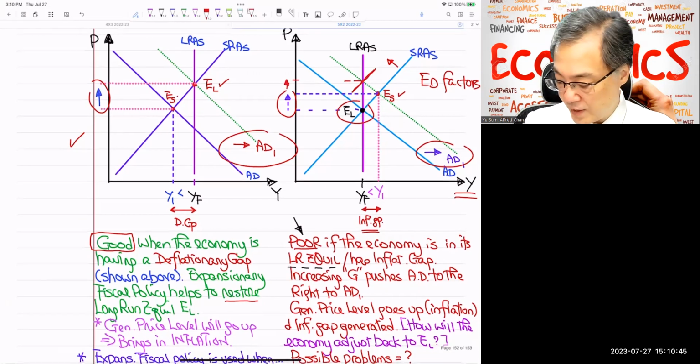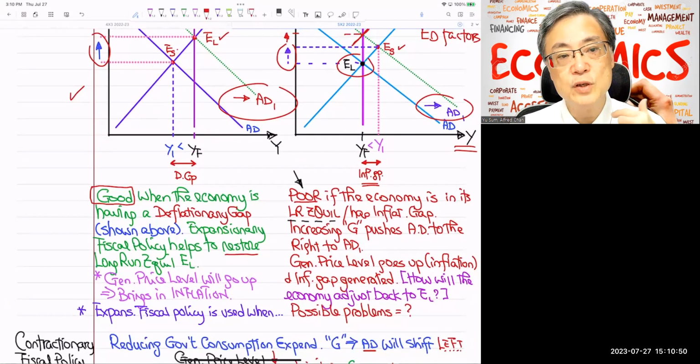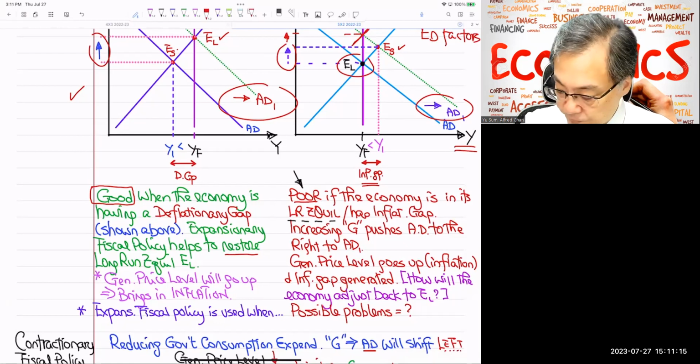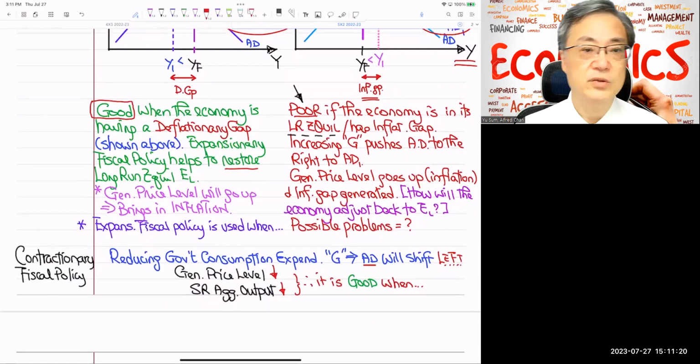Therefore, it will be pretty stupid to introduce an expansionary fiscal policy when the economy is in its long-run equilibrium, and perhaps even worse, when it starts off with an inflationary gap. Never adopt an expansionary policy if there is already an inflationary gap. Okay, so this is the expansionary part. What about the contractionary part?